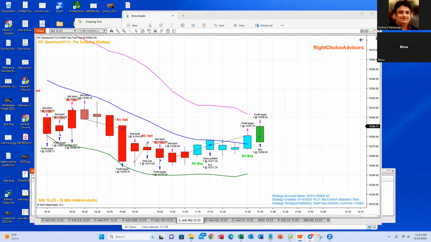But we want to go slow. We don't want to be in a hurry. Let's get perfection with one algo, one ticker, one strategy. And then once you are successful with one, you can apply the same logic to any ticker. And everything is in colors, right?